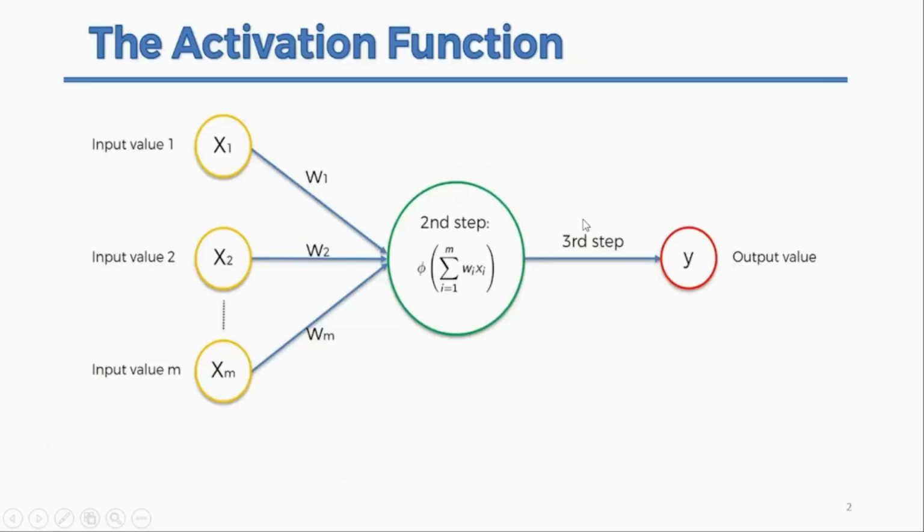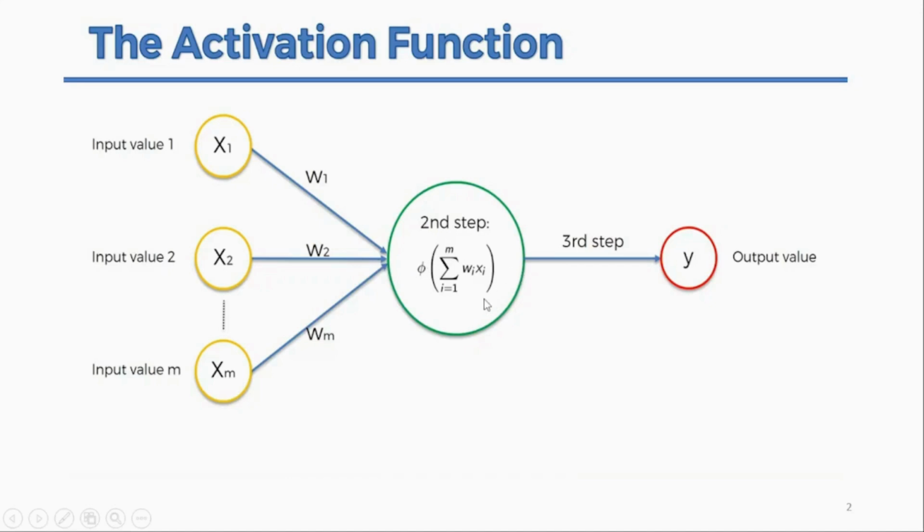So what does it mean here? These are the different inputs that come to this node. These inputs are combined with different weights, and then inside this node the activation function decides whether these inputs will be processed further or not.